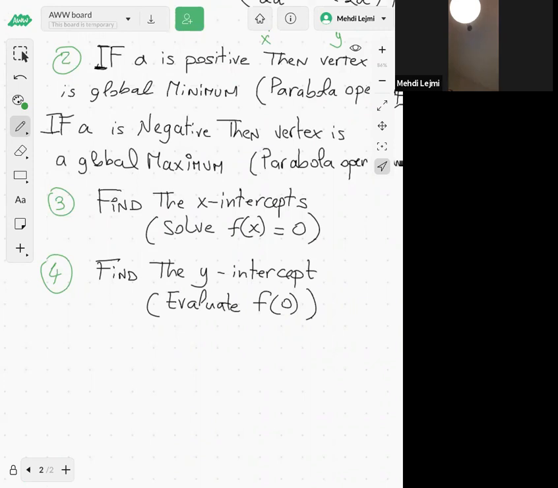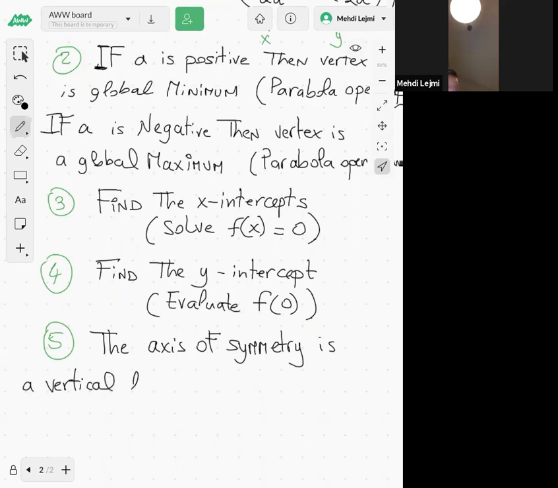But yeah, so the axis of symmetry is a vertical line passing through the vertex.